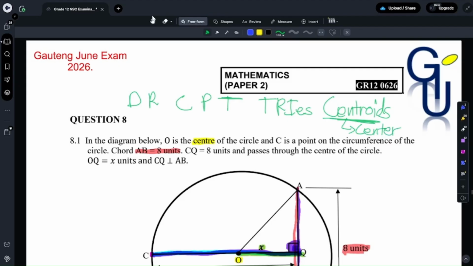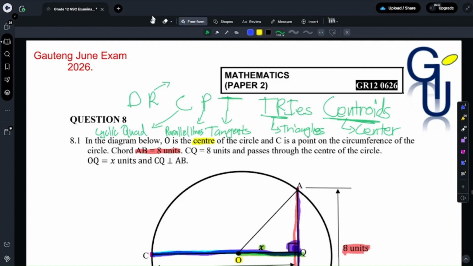I should also look out for triangles. Then my T here stands for tangents. My P is parallel lines. My C is cyclic quadrilaterals, so I'll just write quad in short.